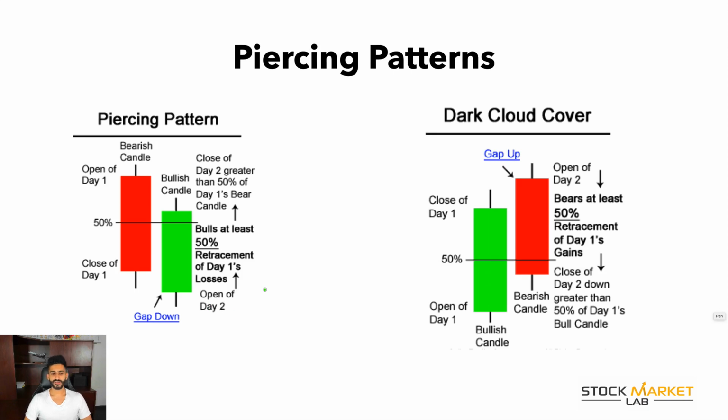A piercing pattern is very similar to a bullish engulfing pattern, but the only difference is it doesn't eat the whole candle. In an engulfing pattern, it gaps down and it eats the whole candle. In this situation, it doesn't eat the whole candle, but once again, if it's at a critical level, if it's trending, if there's catalyst behind it, there is a high probability that this could also reverse.